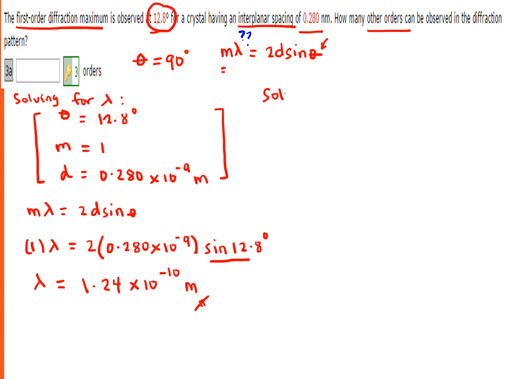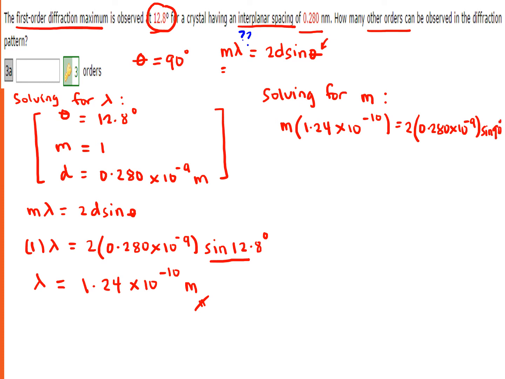So solving for m, we have m times our lambda, which we have solved in the first part, 1.24 times 10 to the power of negative 10, is equal to 2 multiplied by the interplanar spacing, 0.280 times 10 to the power of negative 9, times sine of 90 degrees. And this gives us m is equal to 4.